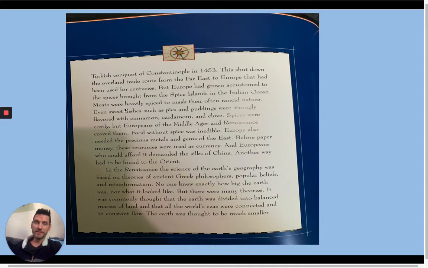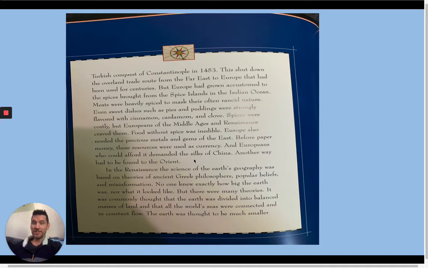Meats were heavily spiced to mask their often rancid nature. Even sweet dishes such as pies and puddings were strongly flavored with cinnamon, cardamom, and clove. Spices were costly, but Europeans of the Middle Ages and Renaissance craved them. Food without spice was inedible. Europe also needed the precious metals and gems of the East. Before paper money, these resources were used as currency, and Europeans who could afford it demanded the silks of China.